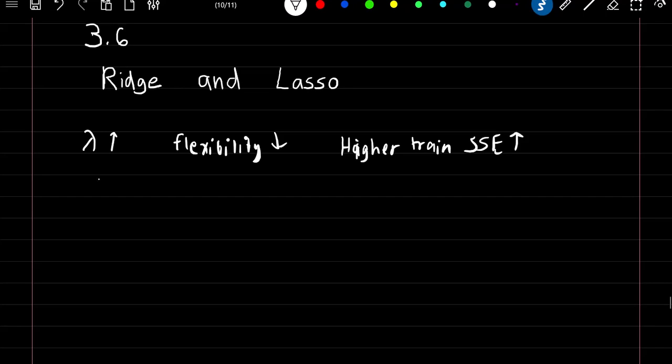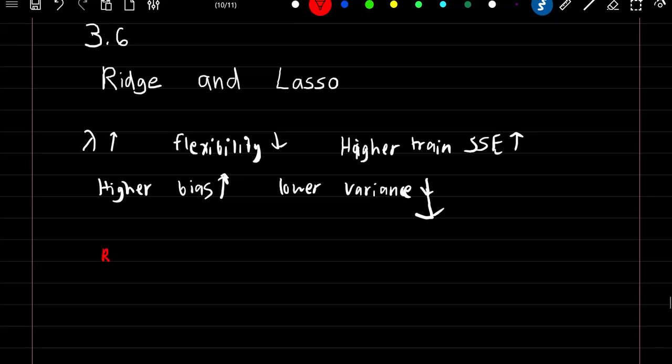We're going to have higher bias and lower variance. So the goal of increasing lambda is that we want our variance to decrease faster than our bias increases.